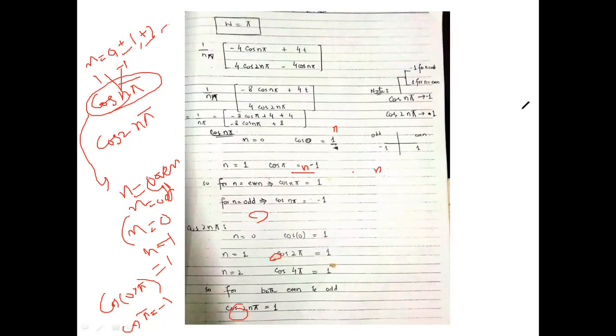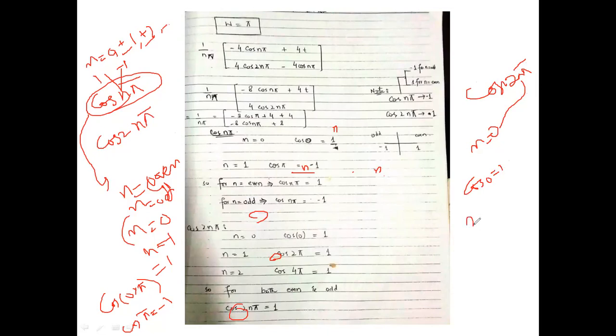Okay, now cos 2 n pi. For example, n is equal to 0, which means we are assuming the even numbers. So 2 into 0 into pi, cos 0. Cos 0 will be equal to 1.